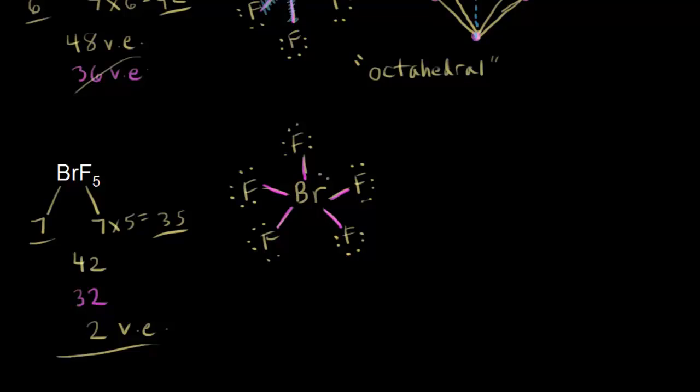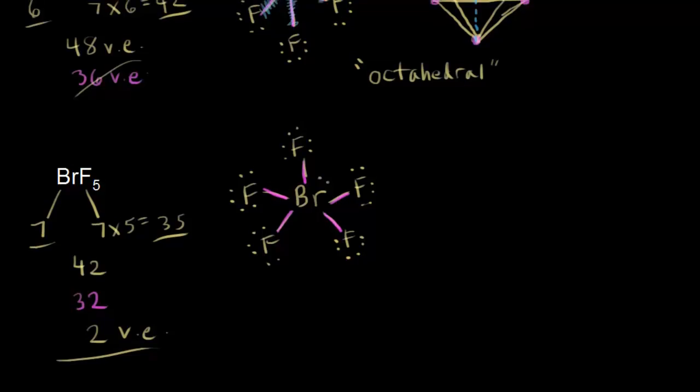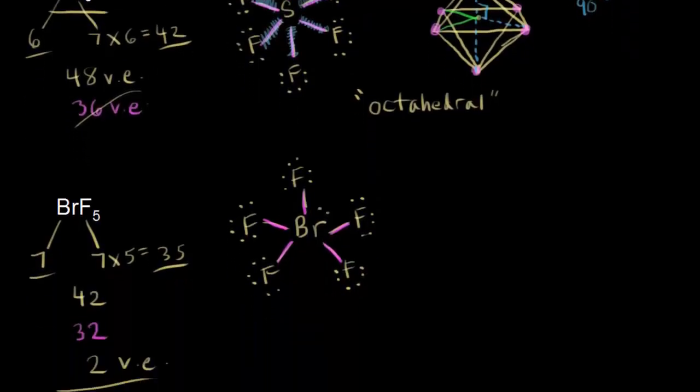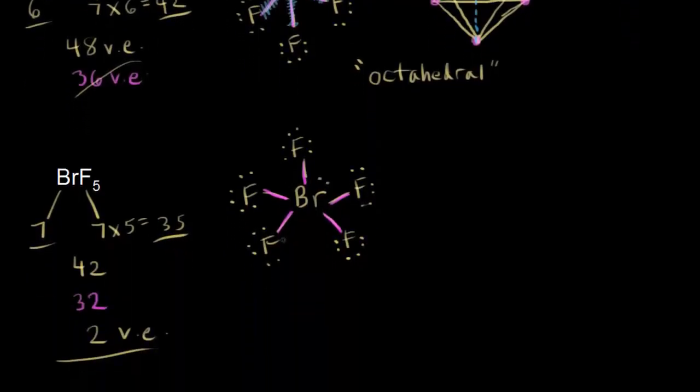Let's go back up here and look at our steps again. After drawing our dot structure, we next count the number of electron clouds that surround our central atom, and then predict the geometry of those electron clouds. If we look at our central bromine, let's see how many electron clouds. We have these bonding electrons, a region of electron density, and we keep going around here.